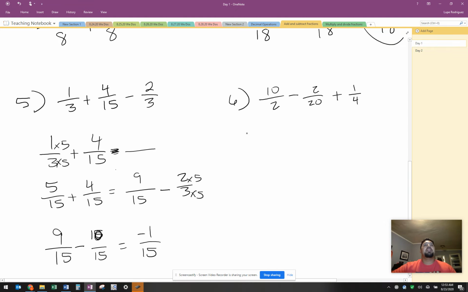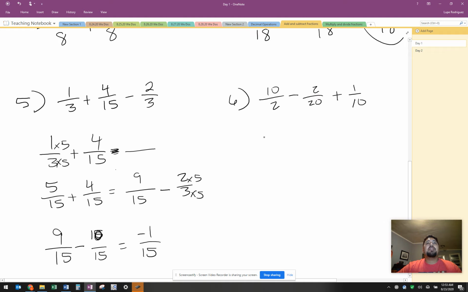So let's go over here. Now, actually, I'm going to change this one to a 10. All right, so now we're looking at it. Oh, this is an improper fraction, minus 2/20 plus 1/10.